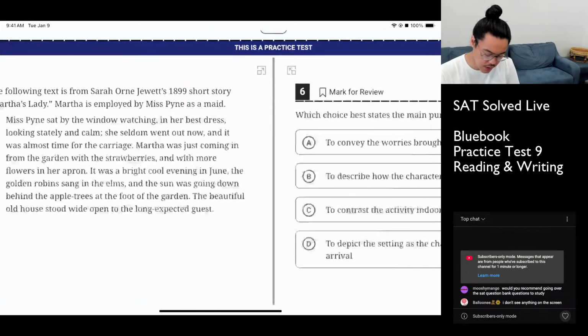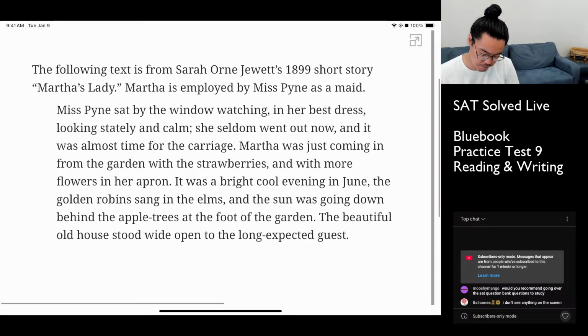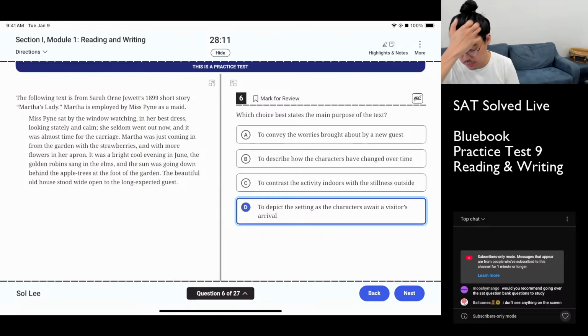The main purpose of the text is to describe kind of the scene, I guess, of Miss Pine and Martha as they are waiting for the guest. Okay, there's not a contrast, so to depict the setting. So describe the scene as the two characters are waiting for the guest.